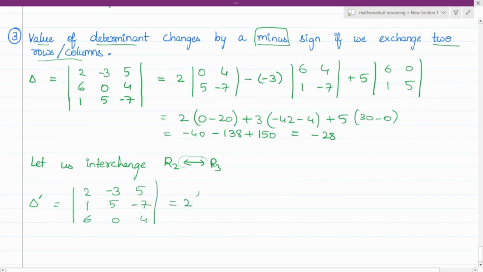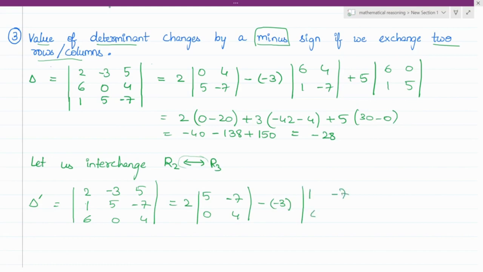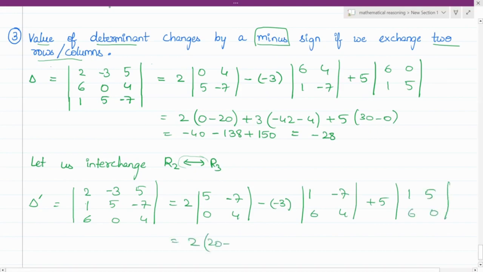It becomes 2 times 5, -7, 0, 4, minus of -3 times 1, -7, 6, 4, plus 5 times 1, 5, 6, 0. Simplify this: 2 times 20 minus 0, minus into minus plus 3 times 4, minus into minus plus 7 times 6 are 42, and 5 times 0 minus 30.